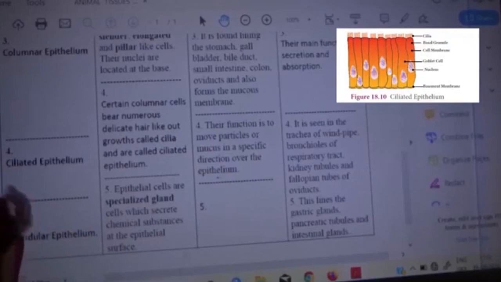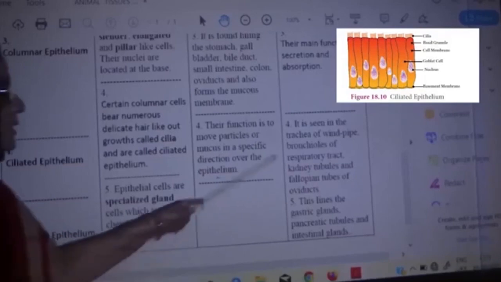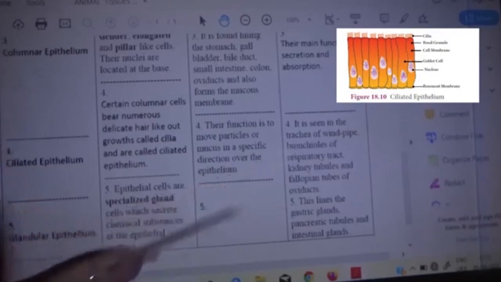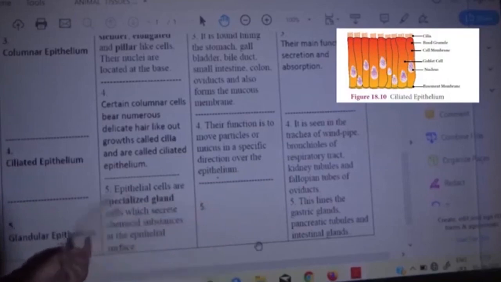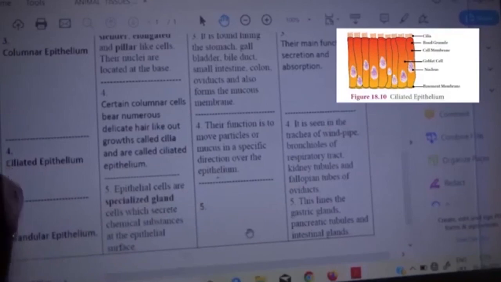Or if some food particle accidentally enters the windpipe. Then the bronchioles, as I said, the respiratory part of the lungs. The kidney tubules, the nephron. The fallopian tube or oviduct in the female reproductive system.